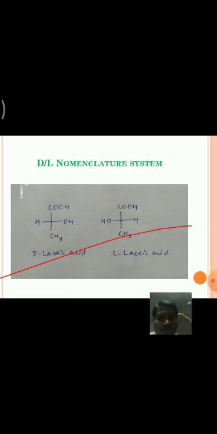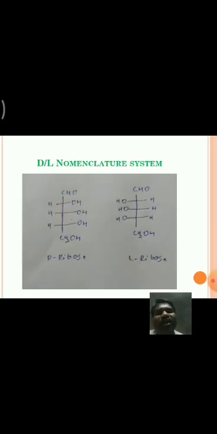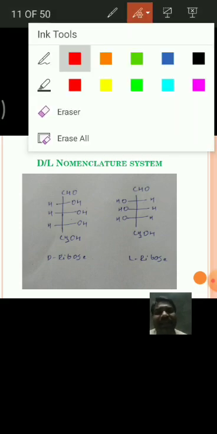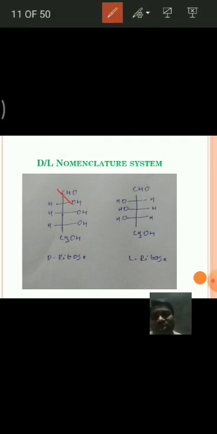That's why no question comes of which carbon's OH position should be considered. While coming to this ribose, it has more than one chiral center. In this ribose, it has three chiral centers: 1, 2 and 3.